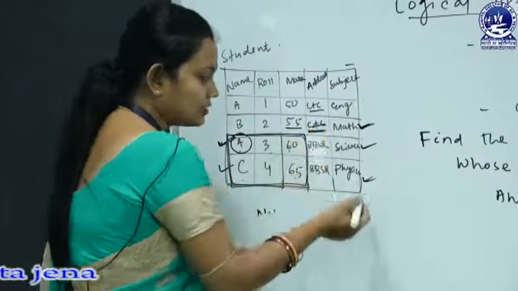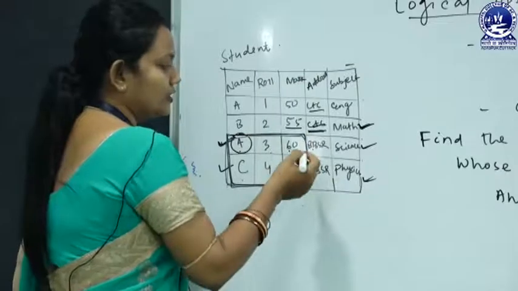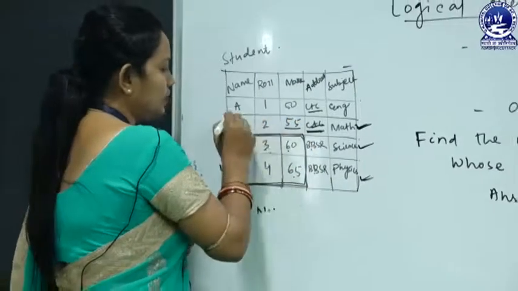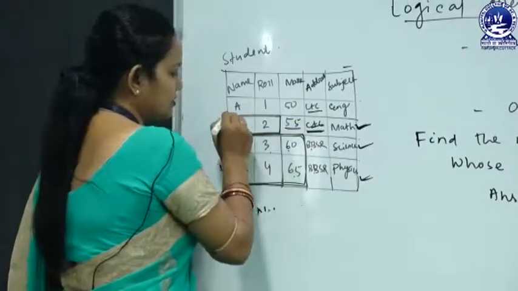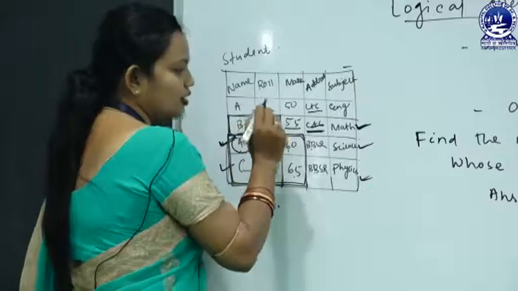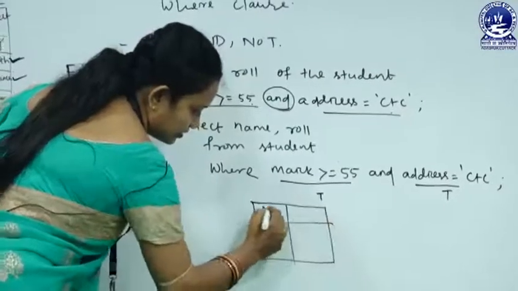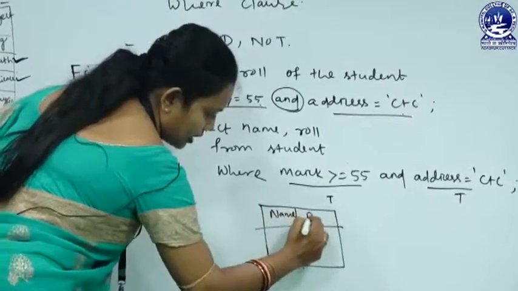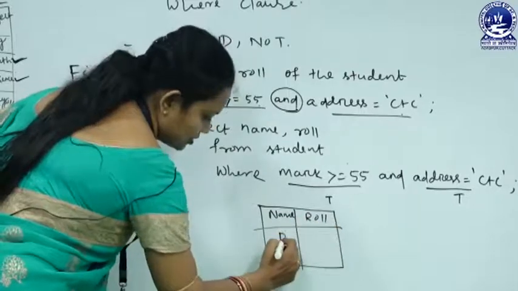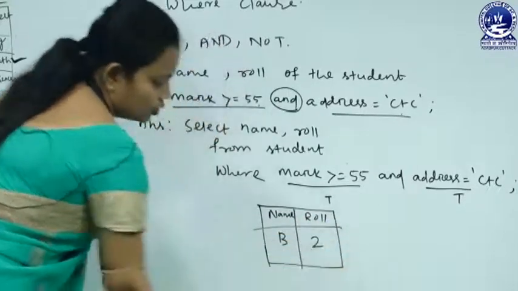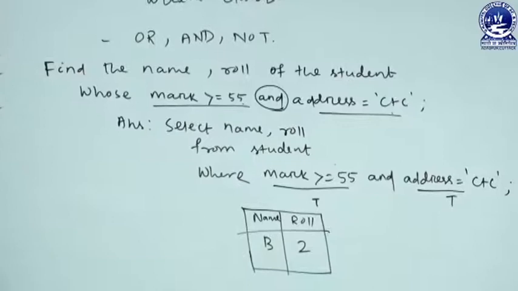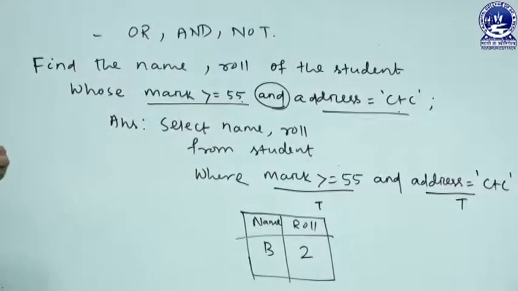So, the resultant relation will filter the name and roll of this tuple. That means the result became name is B and roll is 2. Okay. This is by using logical AND.